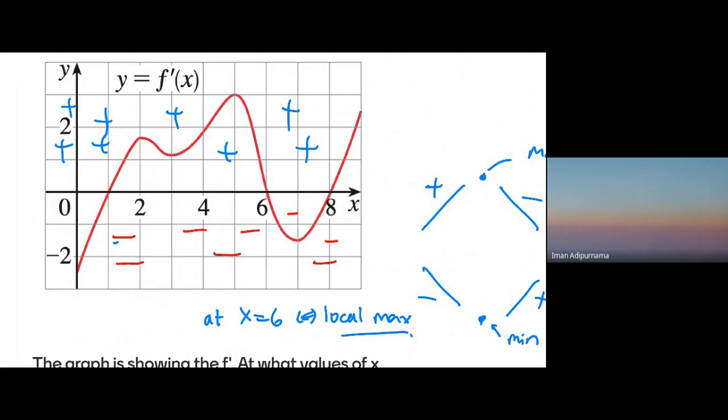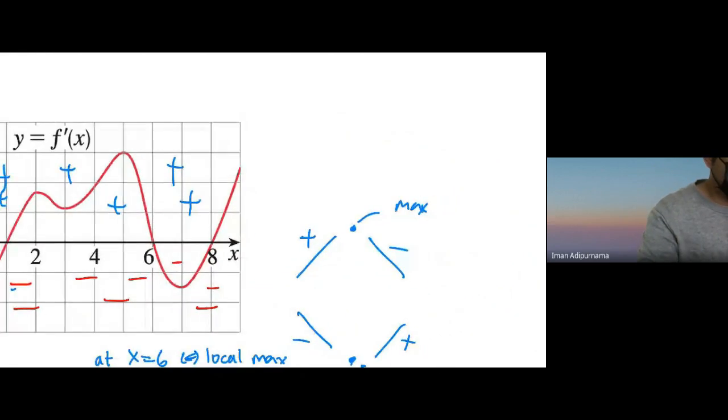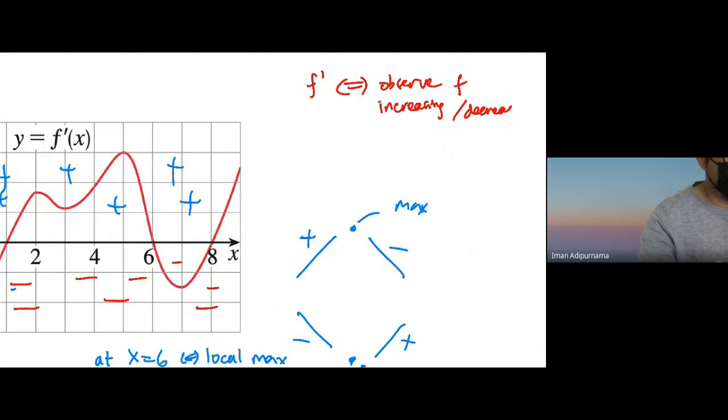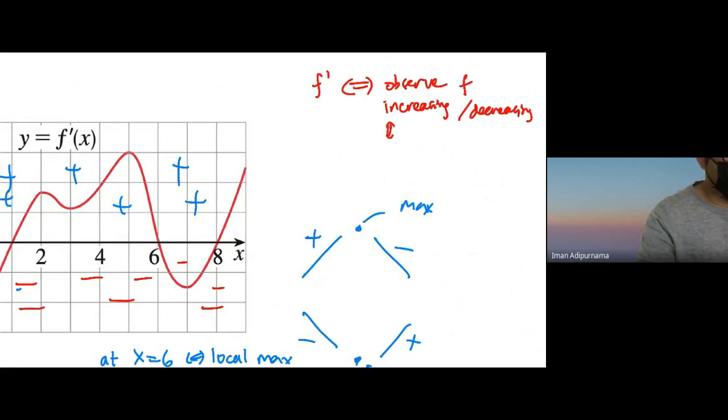Let me write here just to remind you. For f prime, we can observe f increasing or decreasing, and from here we can look at the local max and local min.